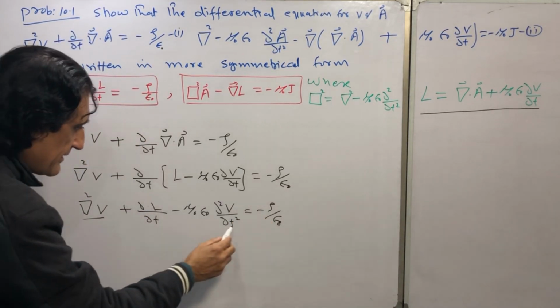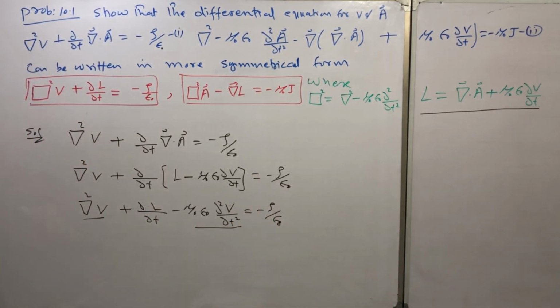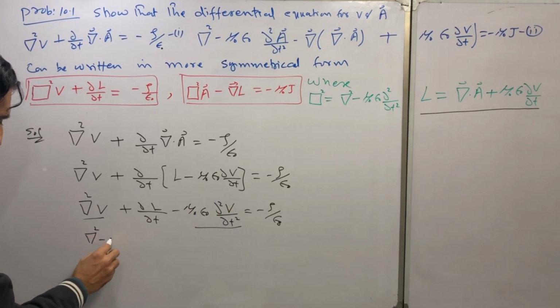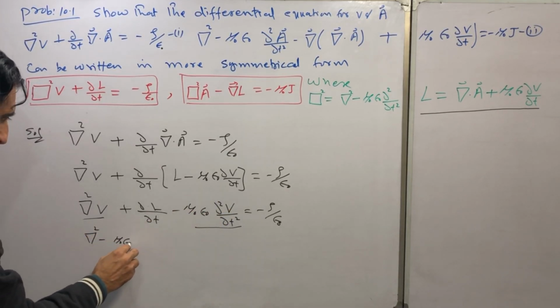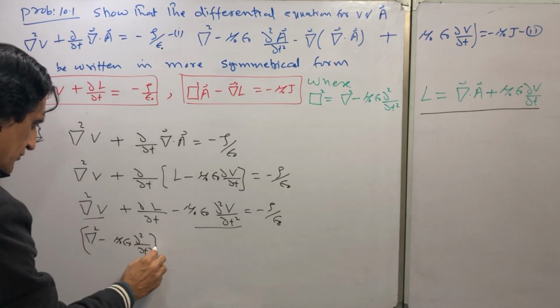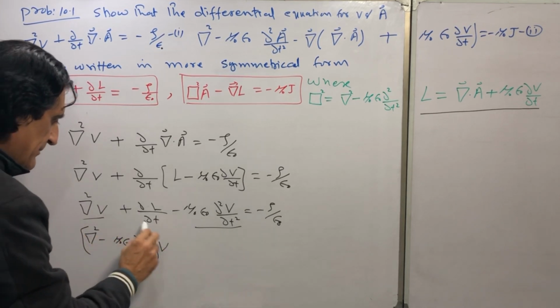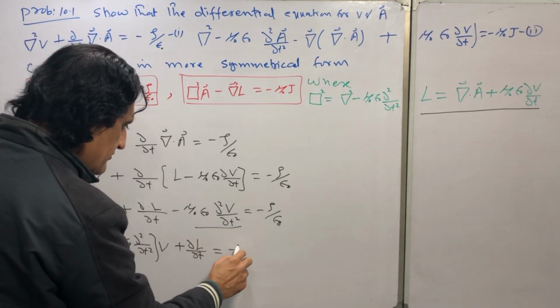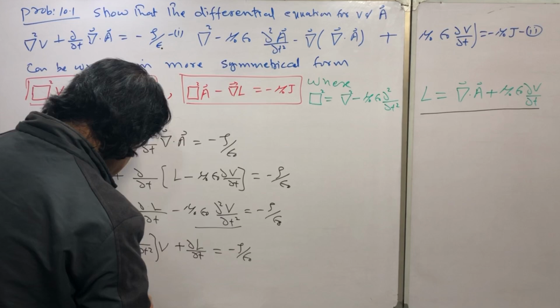Now from here and here we can take V common: del square minus mu naught epsilon naught partial square divided by partial T square, acting on V, plus partial L divided by partial T, which is equal to minus rho divided by epsilon naught.